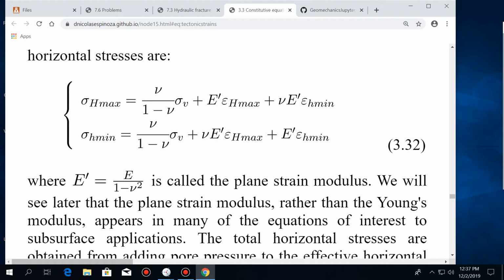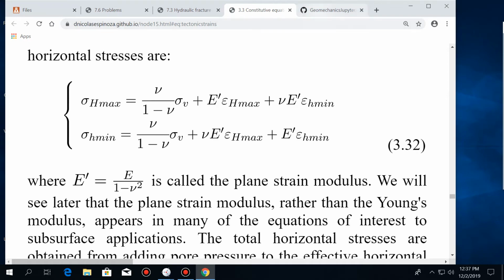Okay, so now we can actually close the story, because if you remember, I told you that we didn't actually know what these tectonic strains are. And some of the problems, I just make them up or I get them from other data. But so far, I have given to you this tectonic strain. I didn't explain where they come from.